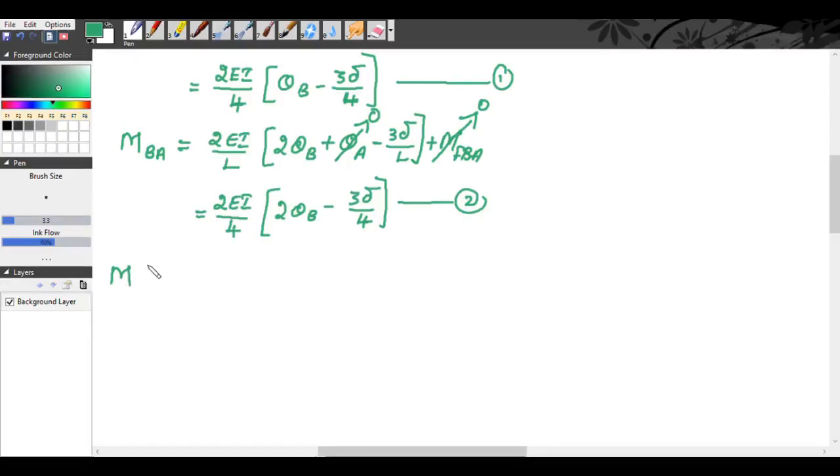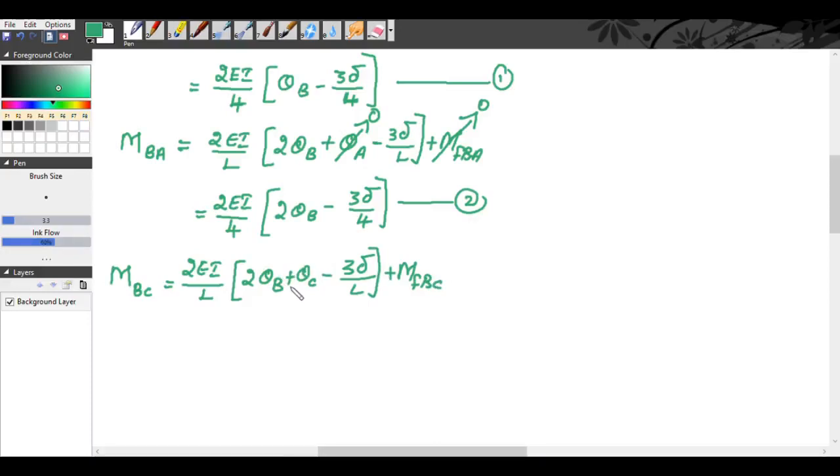Now we will take span BC. MBC is equal to 2EI by L into 2 theta B plus theta C minus 3 delta by L plus MFBC.